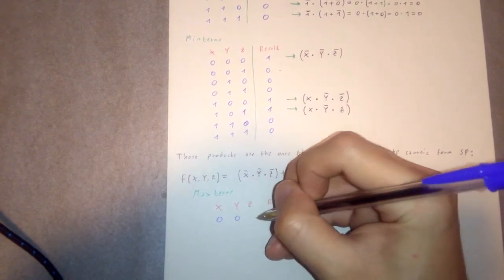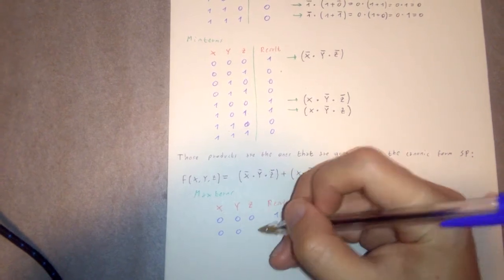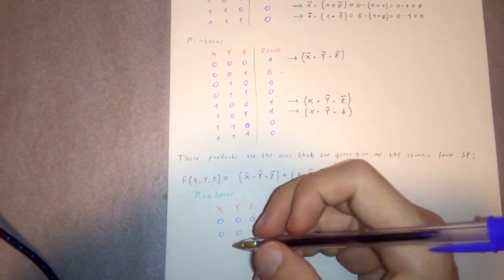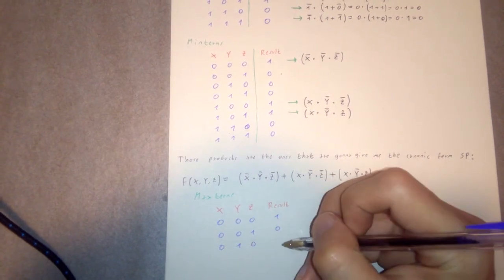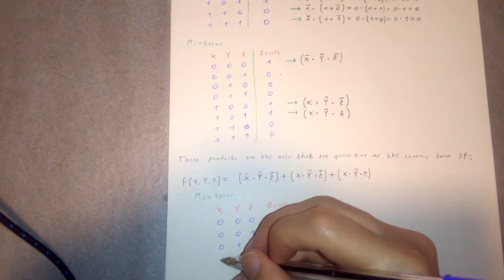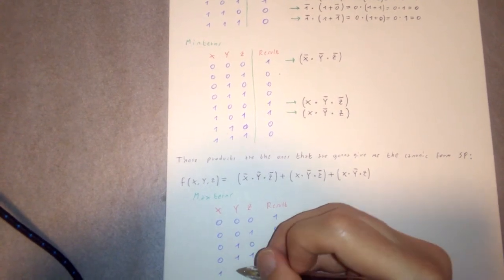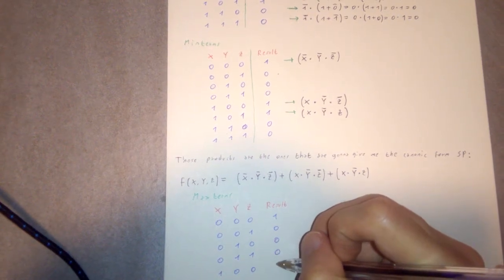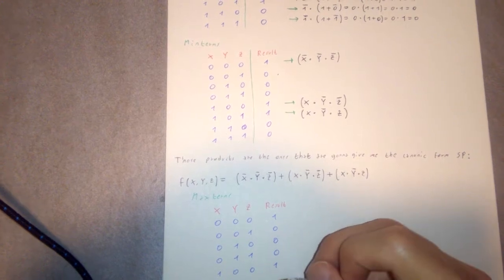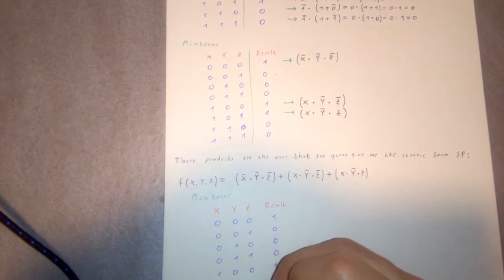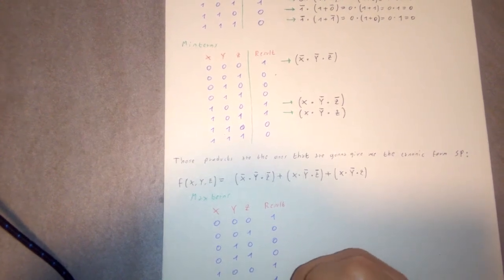So 0, 0, 0, 1; 0, 0, 1, 0; 0, 1, 0, 0; 0, 1, 1, 0; 1, 0, 0, 1; 1, 0, 1, 1; 1, 1, 0, 0; and 1, 1, 1, 0.